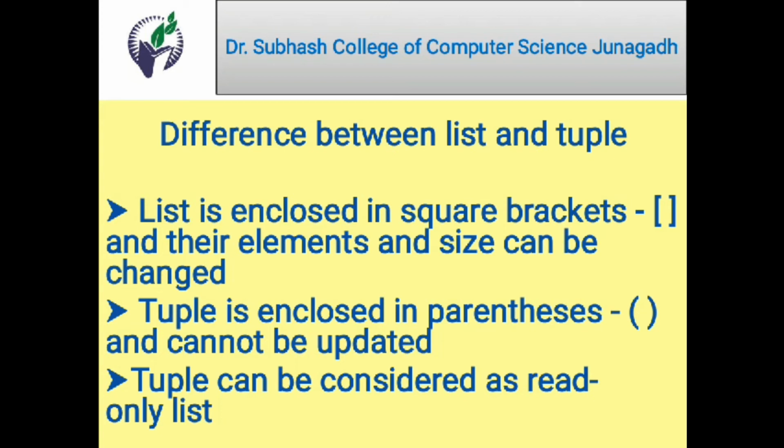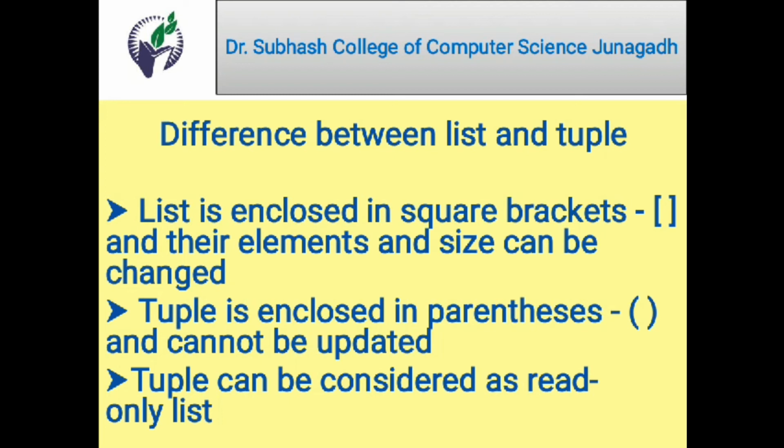That is the major difference between list and tuple. Once we have stored elements in a list, if we want to update or change, it is possible. Size also can be changed, elements can also be changed. We can remove elements from the list, add elements to the list, and update the elements of the list.